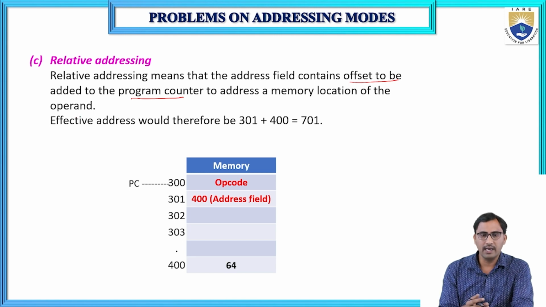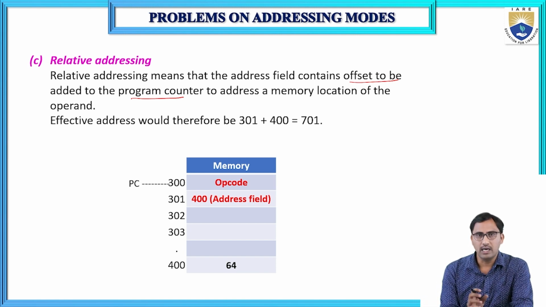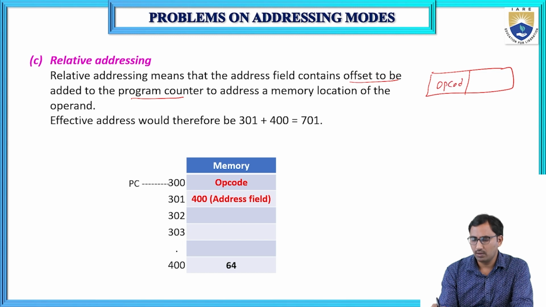Here the opcode is at 300 and the operand field has 400.